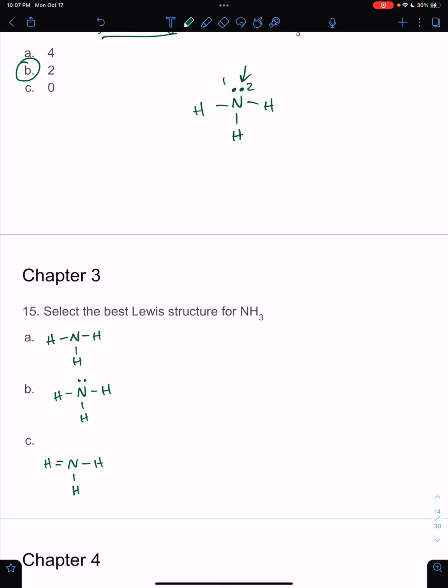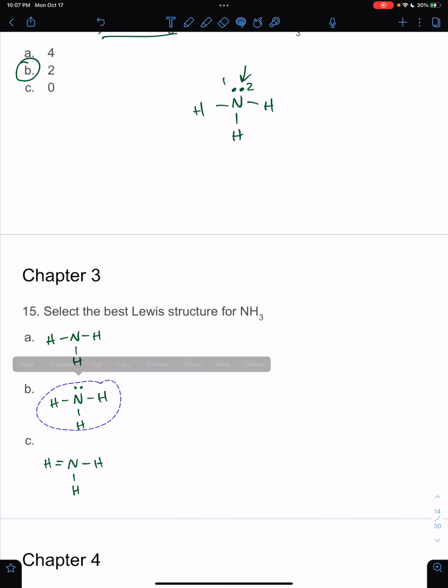So she might give you some options that look like this. They're all similar, but have little differences. So this first one, letter A, looks like the right answer, but we gotta check the octets. Each hydrogen is satisfied.